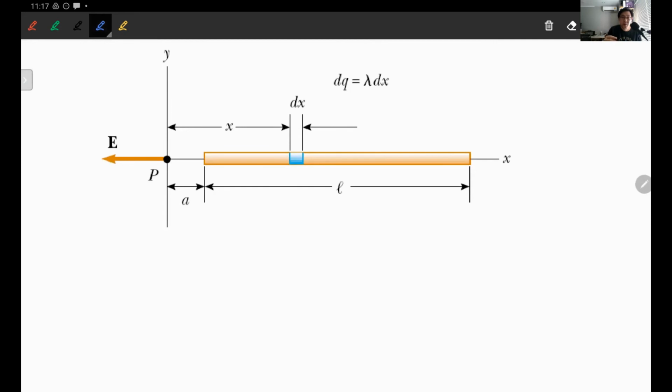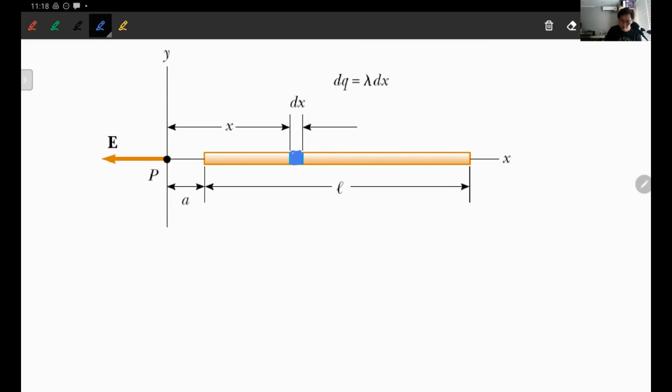When I say using calculus, it's because this rod has a continuously distributed charge on it. So you have to determine what is happening at point P from a fraction of the charge. You slice this into a tiny piece of charge first, very, very small, so small that it's approaching zero.